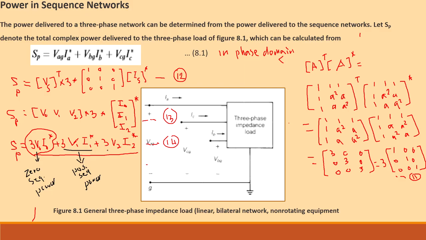This is the power of the negative sequence network. So the summation of the zero sequence power, the positive sequence power and the negative sequence power is equal to the three-phase power of the original system.